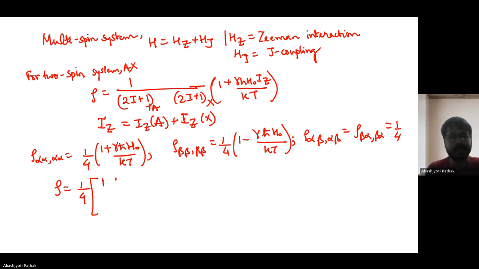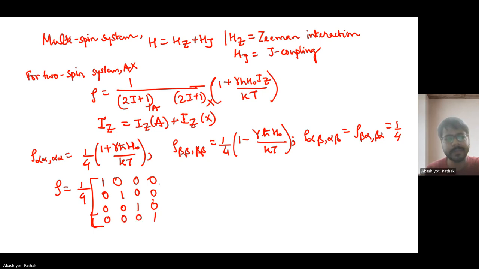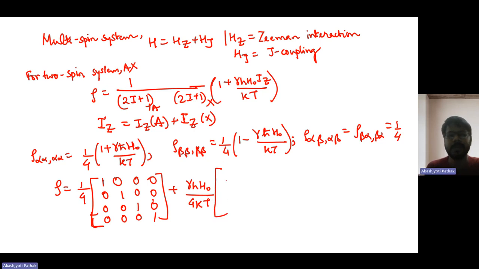Basically we are substituting these values that we got just now for beta beta and beta alpha.